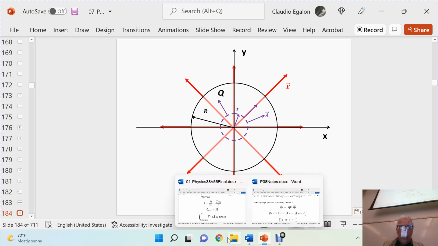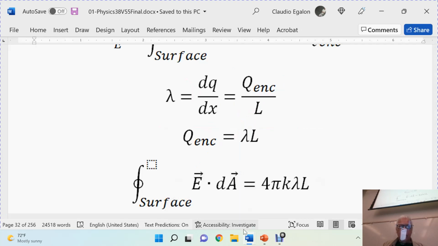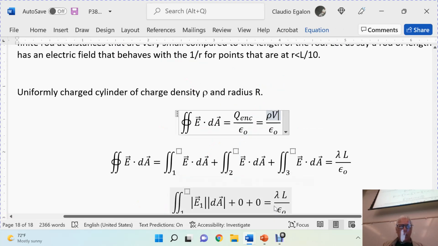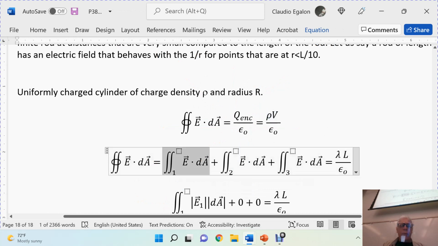So the cylindrical surface plus the caps. Cap and cap.